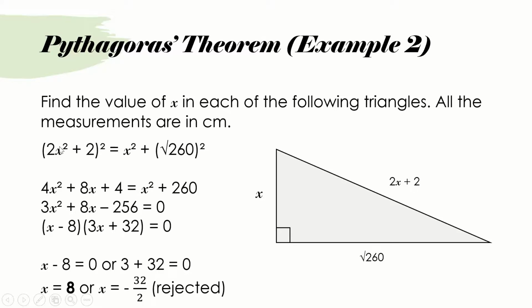Right, so there's an error here. It shouldn't be that, it should be 2x plus 2. Okay, so when you work it out, you expand it, and you solve for it. You find that x equals 8 or x equals negative 32 over 2. So you reject the negative value.